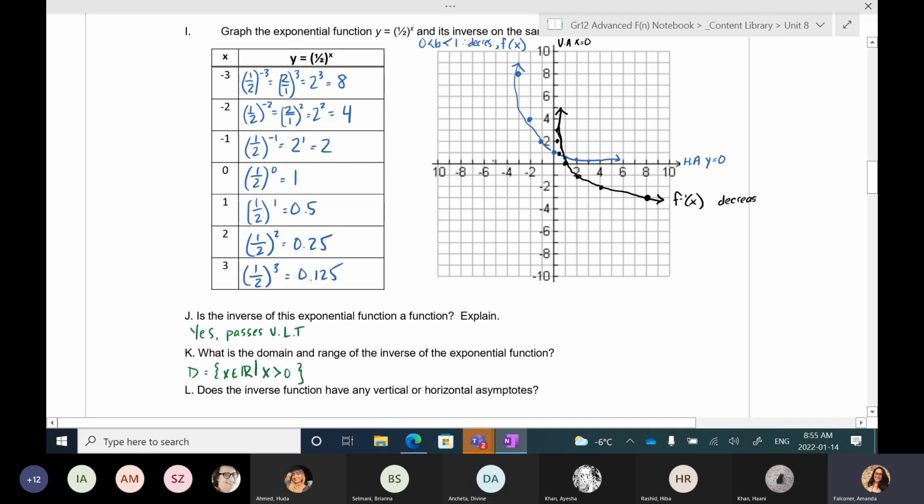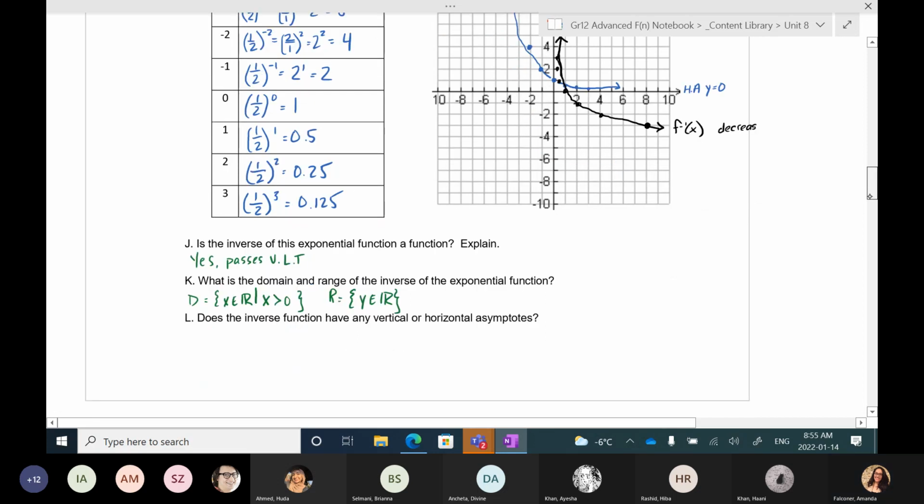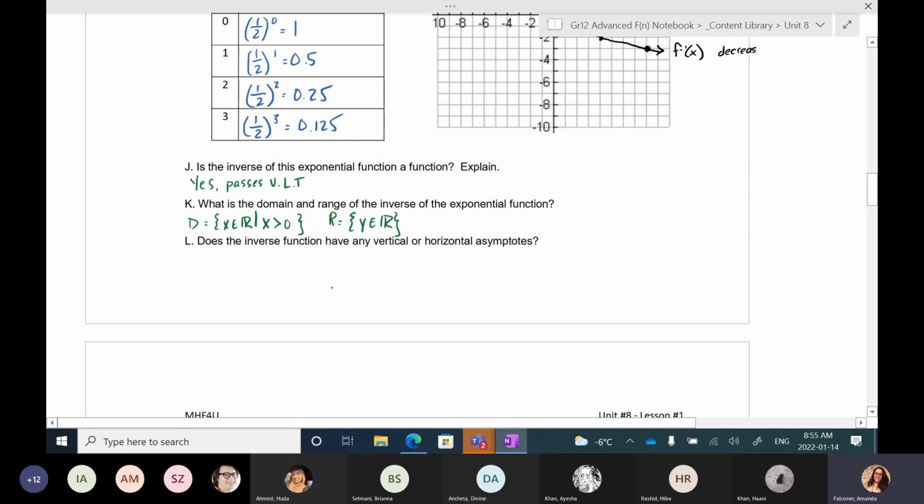Because we can't go past that y-axis. And the range is all the values are available to it, so it's an element of the real number set. And does the inverse function have any vertical or horizontal asymptotes? Yes, it has a vertical asymptote at x is equal to 0.